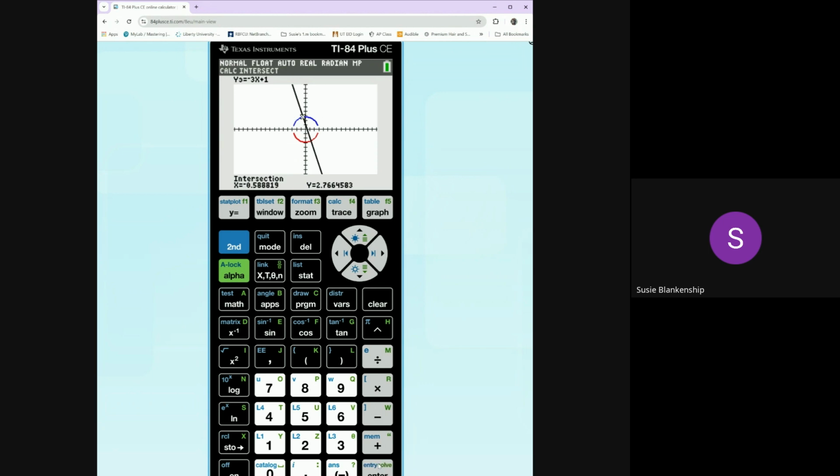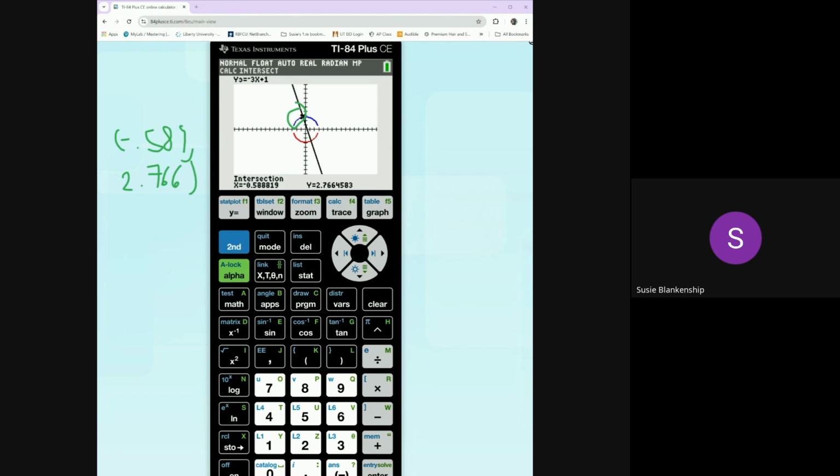And hopefully this doesn't give us an error. Nope. And there's your intersection. So the intersection is about -0.589, 2.766, because that's this part up here. Okay. All right. So now let's go and do the other one.